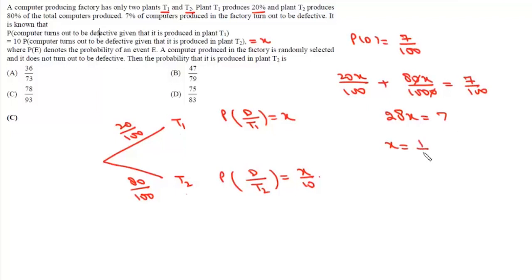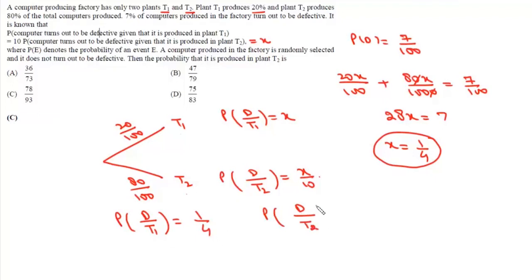Value of X is 1 by 4. So the probability of getting a defective from T1 is 1 by 4, and the probability of getting defective from T2 is 1 by 40.